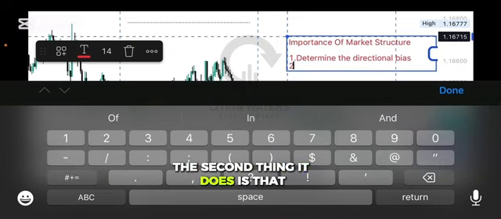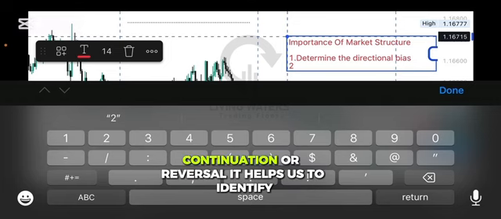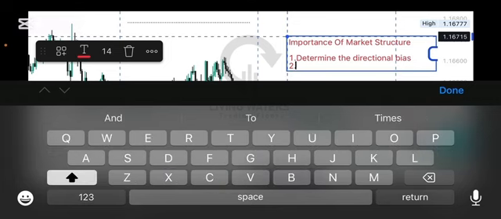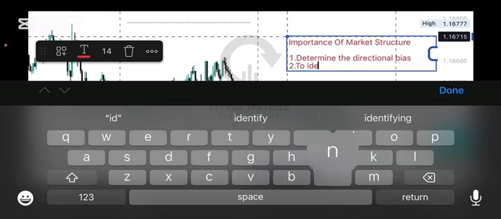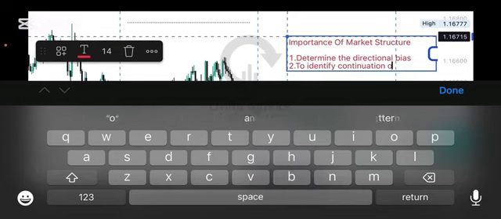The second thing it does is that it helps us to identify continuation or reversal.